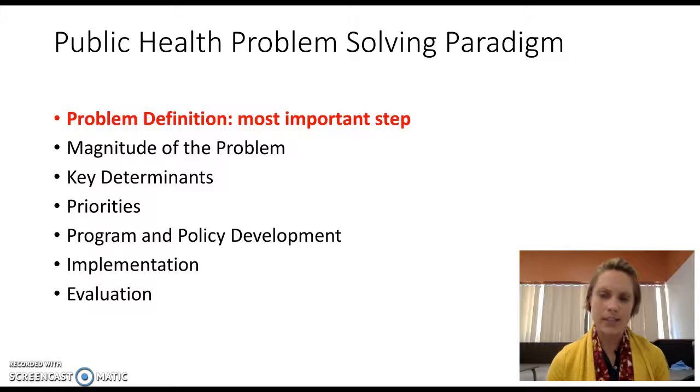After that, we need to look at the magnitude of the problem, some key determinants, some priorities in addressing this problem, and using your personal strengths to see what place you want to play in that. Then program and policy development to address the problem, implementation of those programs and policies, and then evaluation of how it all went and what needs to be done a little bit differently in order to continuously improve.